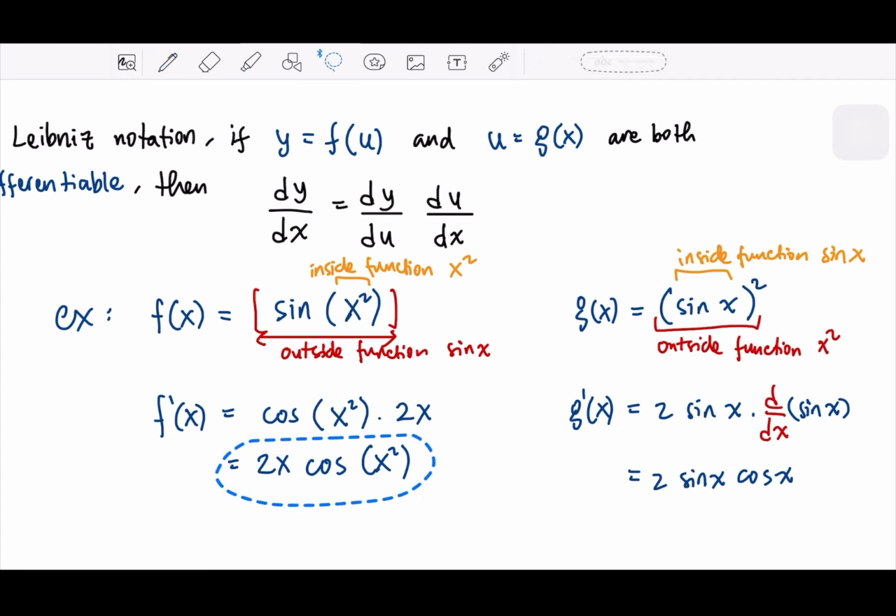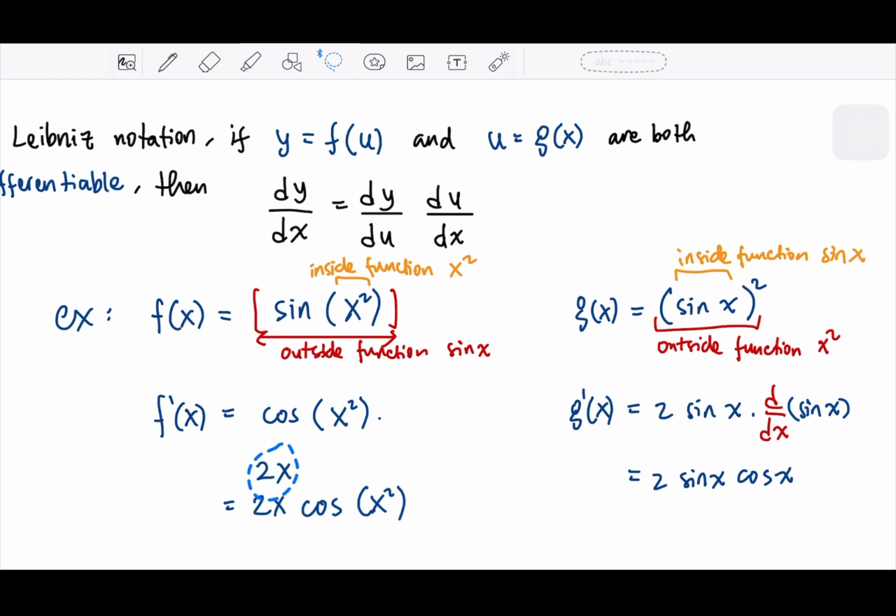It's the same thing here. So the first part is the general, or outside function, and this part will be the inside function.